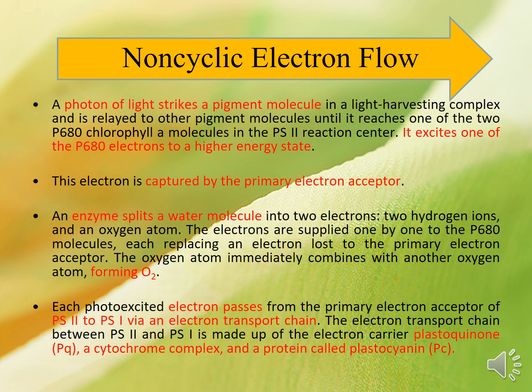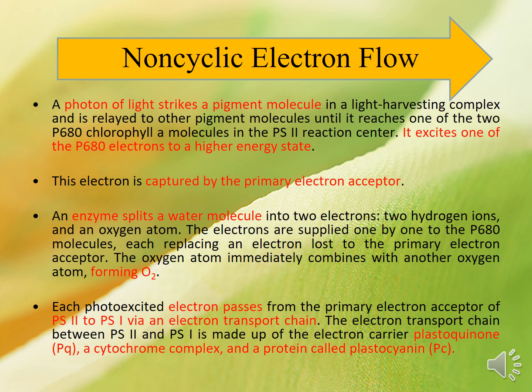Okay, at the PS2. Then step number 3. It involves the water, as I told you just now. So the process is a hydrolysis process, which we call photolysis. Lysis means to split the water, using the hydrolase enzyme.